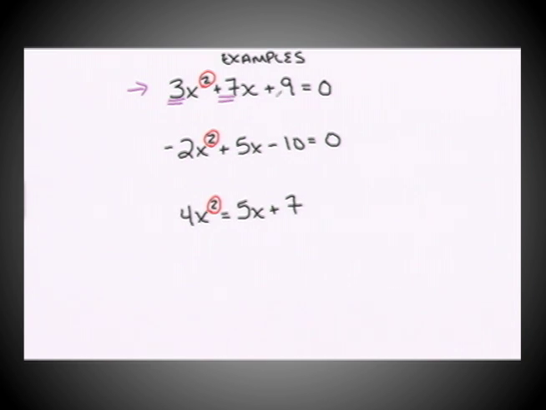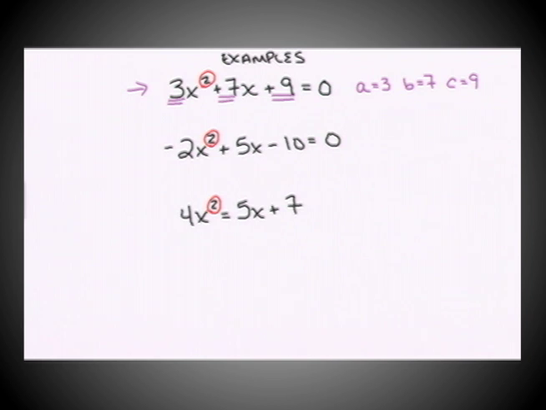And c is the constant, which in this case is positive 9. So for this first example, a is equal to 3, b is equal to 7, and c is equal to 9. Now you can only determine a, b, and c when you have your quadratic equation equaling 0, so when it's in the standard form.